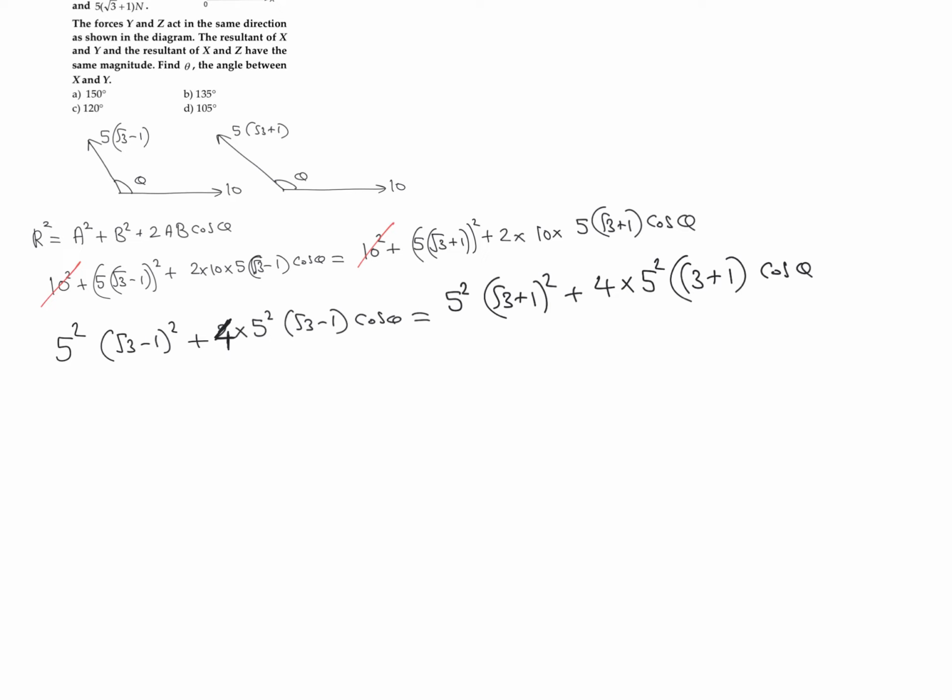Now we observe that in every part we have a term of 5 square, so we can cancel the 5 square everywhere. Once again we expand this relation. Root 3 minus 1 the whole square, by a minus b the whole square, is a square, that is 3, plus b square, that is 1, minus 2ab, that is minus 2 root 3, plus 4 into root 3 minus 1 cos theta, which is 4 root 3 cos theta minus 4 cos theta.